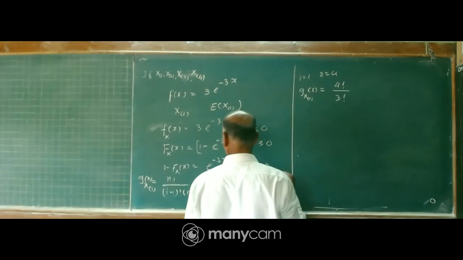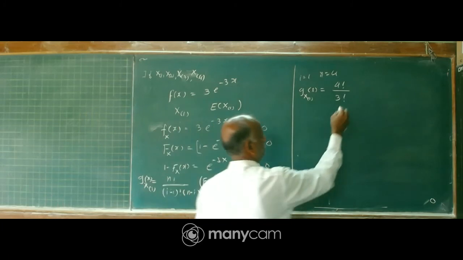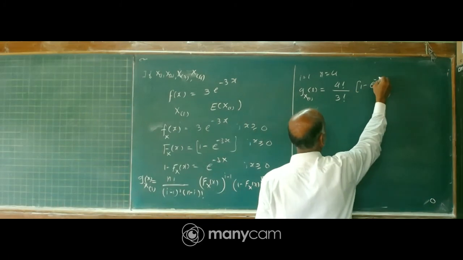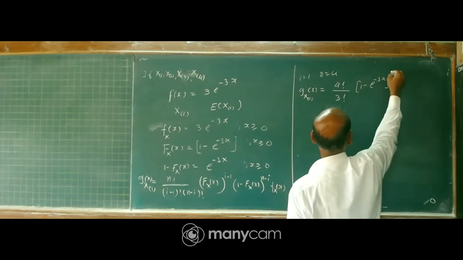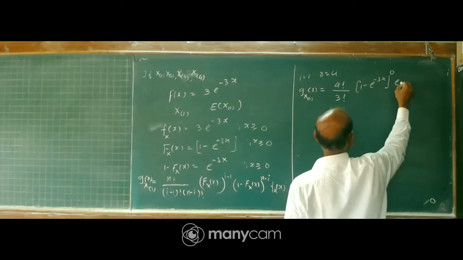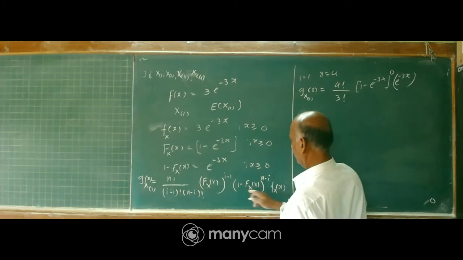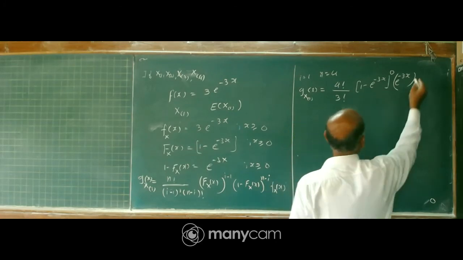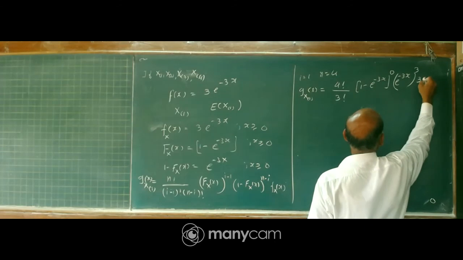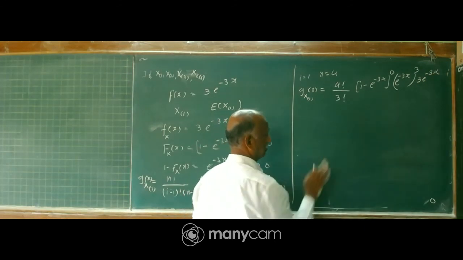F(x) is 1 minus e raised to minus 3x, raised to i minus 1, which is actually 0. Then 1 minus F(x), which is e raised to minus 3x, raised to n minus i, that is 4 minus 1, which is 3. And 3 e raised to minus 3x is our f(x), for x greater than or equal to 0.